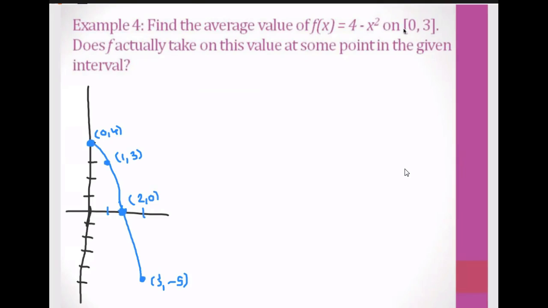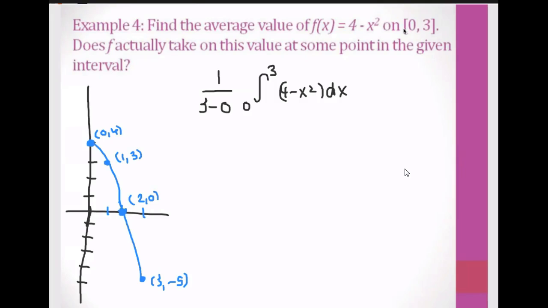So it says find the average value of f of x. We know how to do a definite integral now. So the average value would be 1 over 3 minus 0, because it's b minus a, times the integral from 0 to 3 of our function, 4 minus x squared dx.